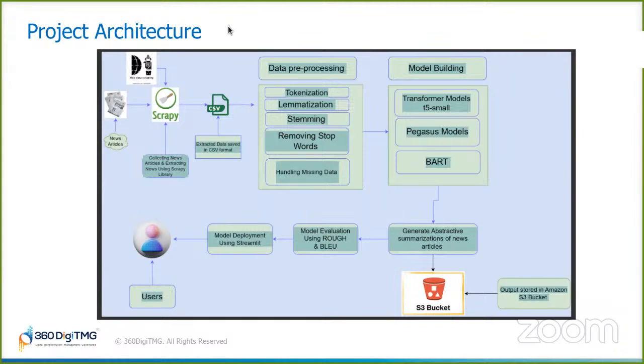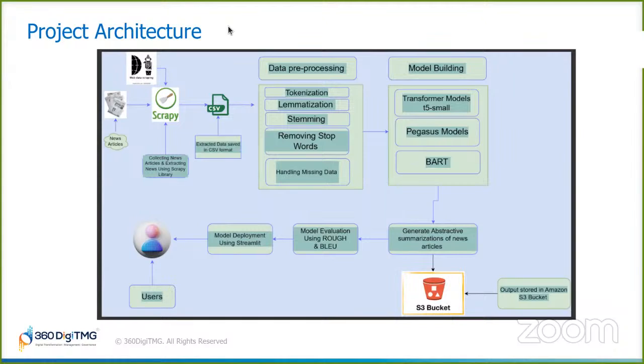These are the three websites we have worked on. We collected the news articles using the Scrapy and Selenium tools. These are Python libraries, and these tools help to extract the content from the website.